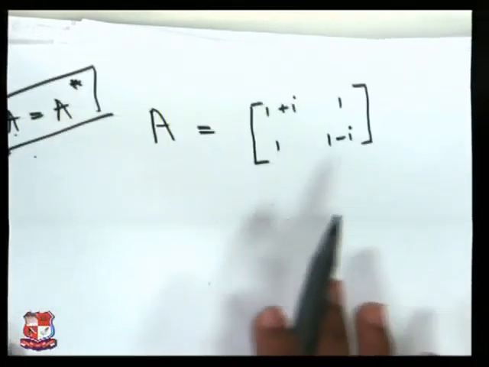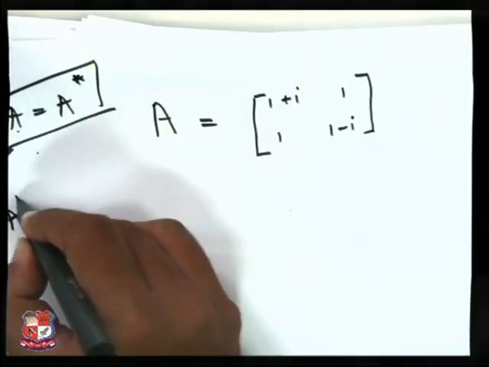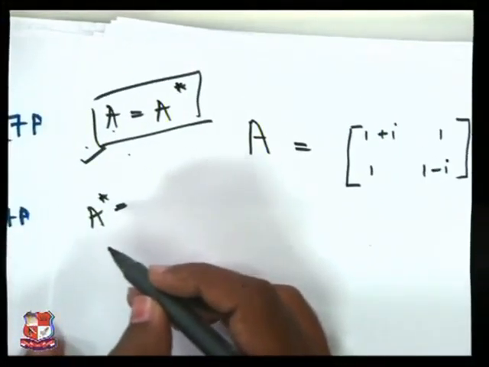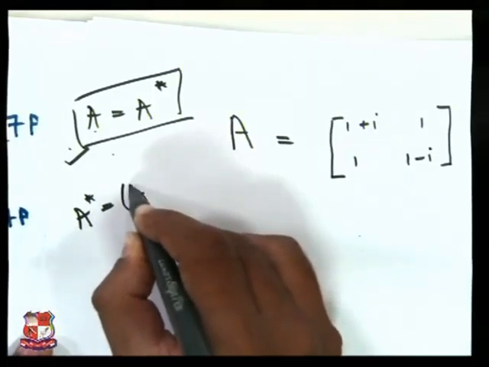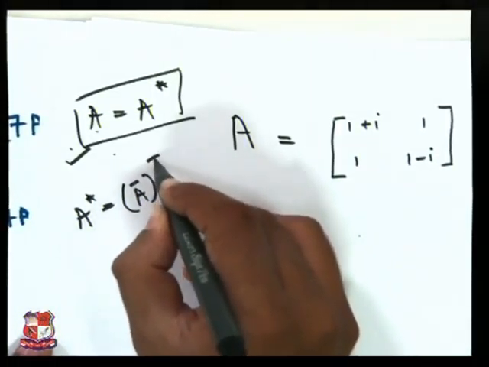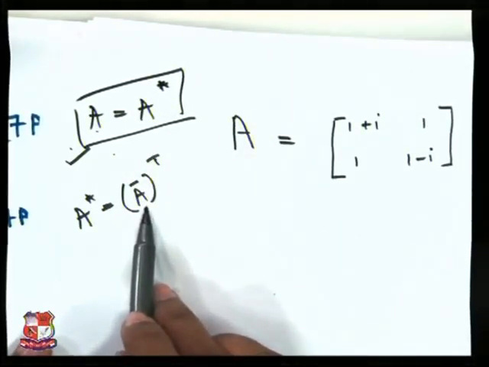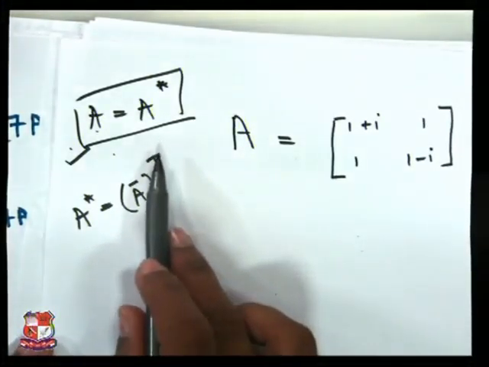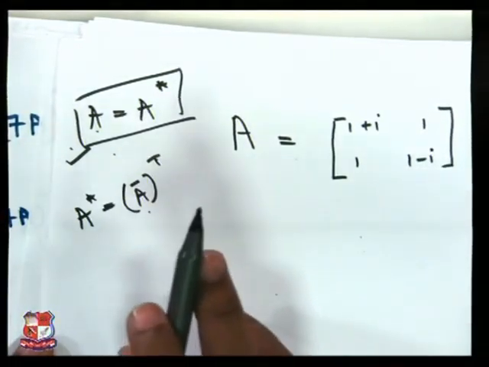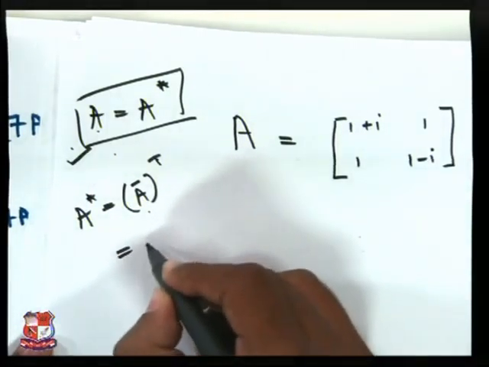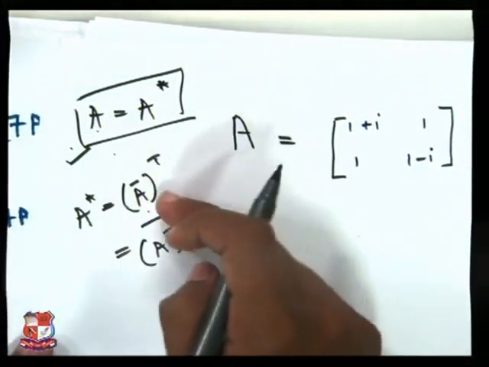Now A is equal to A star means, first of all, what is A star? First we take the conjugate of the given matrix and then transpose, or you can first transpose and then conjugate. Both are the same. You can also write A transpose and then conjugate.